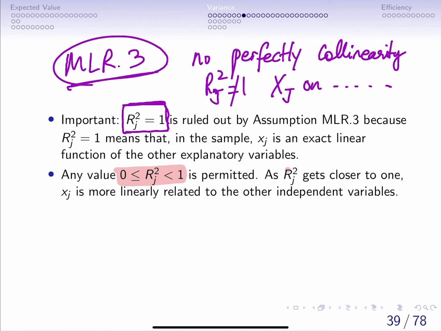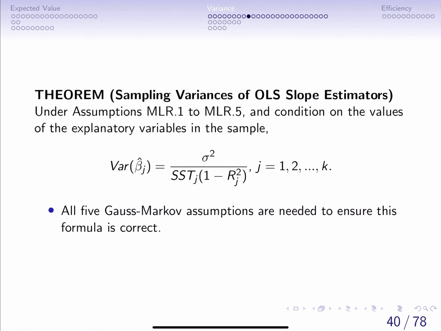As R square j gets closer to 1, this indicates that xj is more linearly related to other independent variables. That's not a problem, but it is going to have some implications for the variance of beta j hat. So now let's talk about this theorem, which tells us something about the sampling variances of our slope estimators.